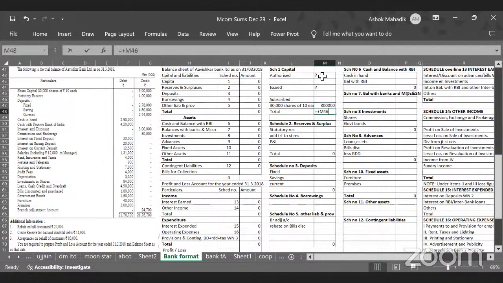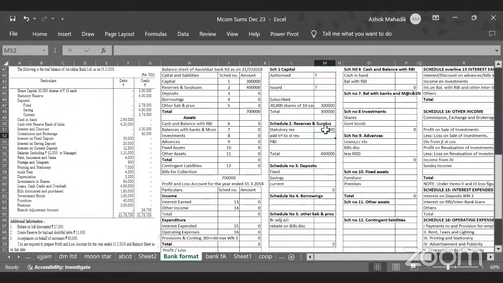So it will go to total and accordingly it will be posted to capital. Then statutory reserves, as the name suggests, it will go to reserves and surpluses. So for statutory reserves, we have space provided here. Amount is 4 lakhs.